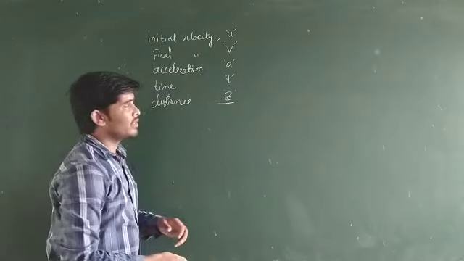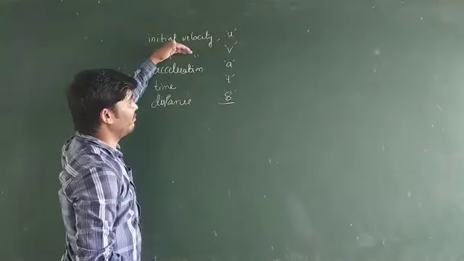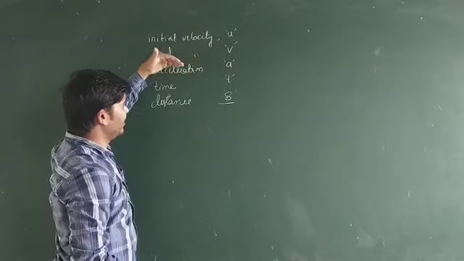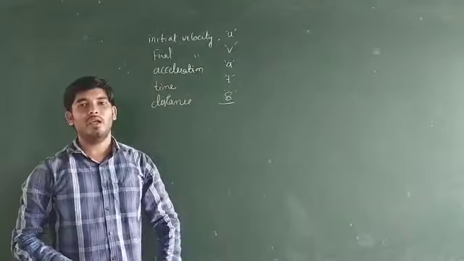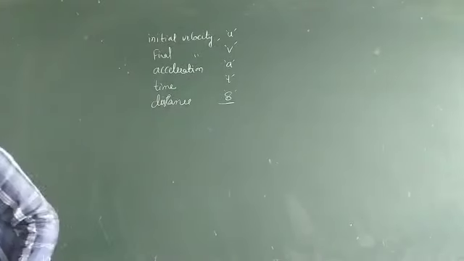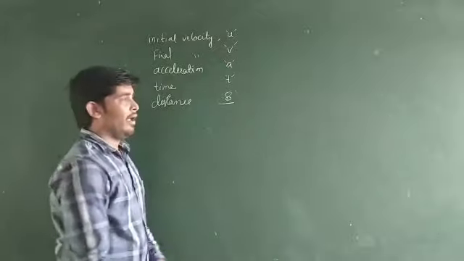The equations which give us the relationship between initial velocity, final velocity, acceleration, time of the journey, and the distance are called equations of motion when a body is moving with uniform acceleration.